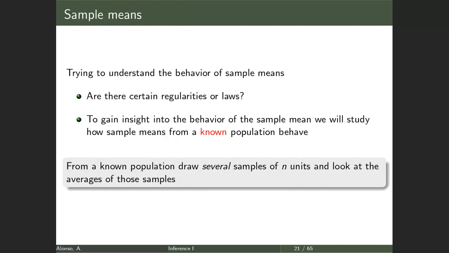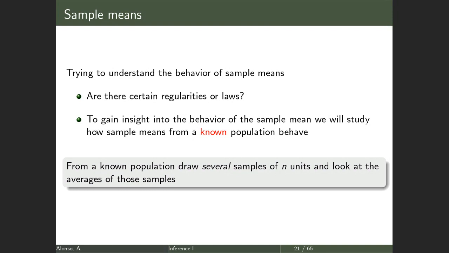Now, one of the characteristics we try to study frequently is the mean in a population. We really want to learn about the average behavior. So we say, as an average, treatment A is better than treatment B. As an average, men earned more than women. So in many situations, we formulate our scientific questions in terms of means, in terms of average.